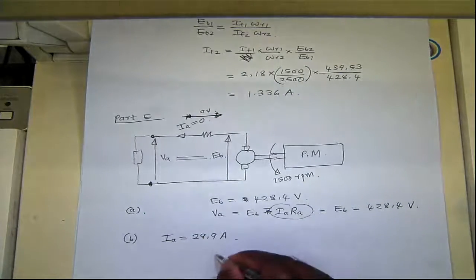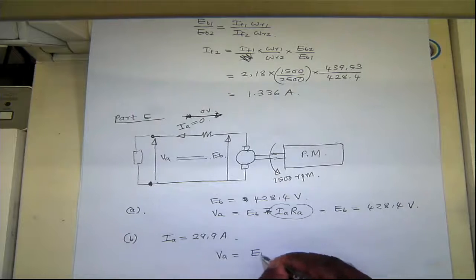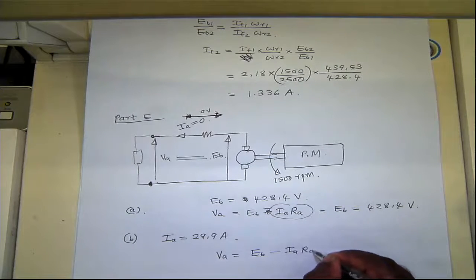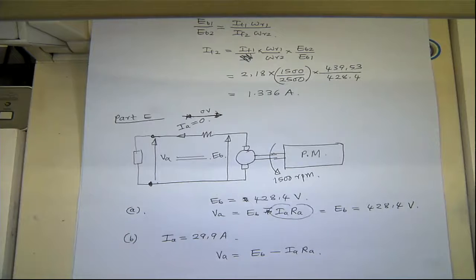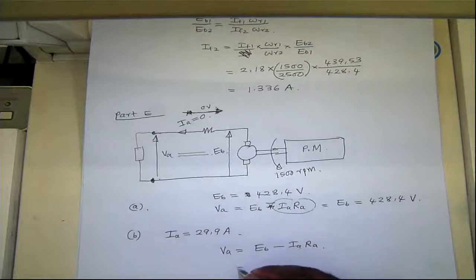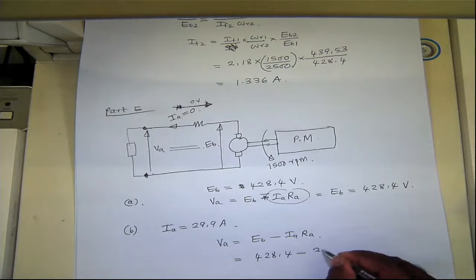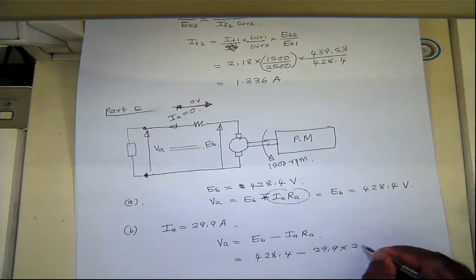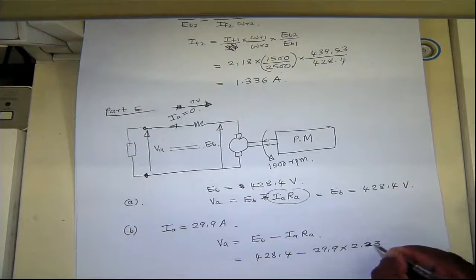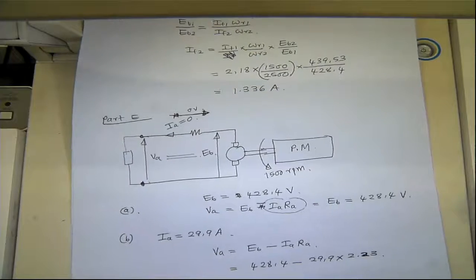So now we can apply VA equals EB minus IARA. Mind this one is not plus here. For a generator, the current is going out of the machine, so this is a voltage drop that gets subtracted from the back EMF, so it's minus there. So here EB is 428.4 minus rated current 29.9 times the armature resistance 2.23.